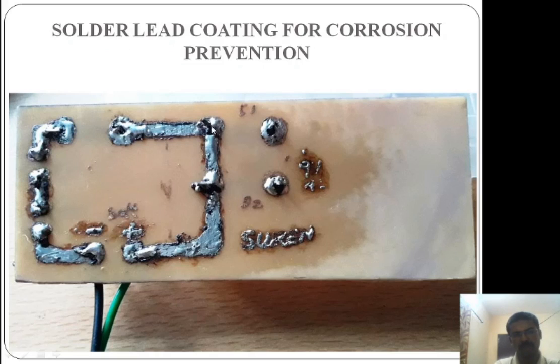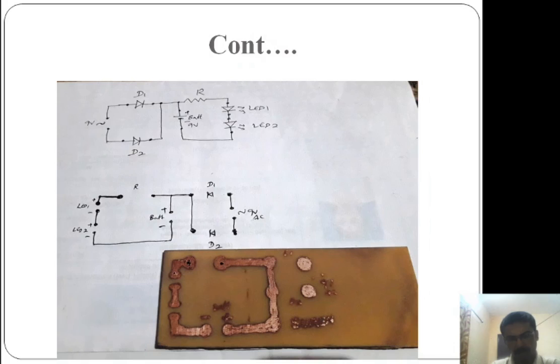See, the component pins are soldered, and above the copper, full solder lead material is applied. Why is it applied like this? Because if you leave the bare copper, see here, the bare copper as it is, easily and quickly it will get oxidized and corrosion occurs.